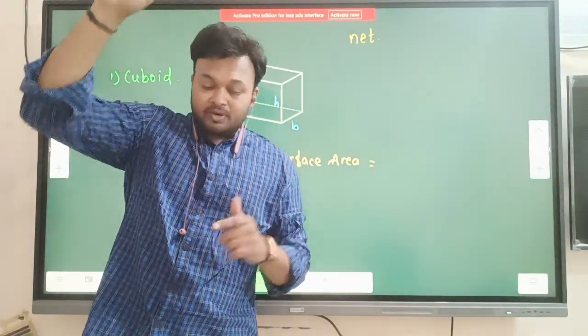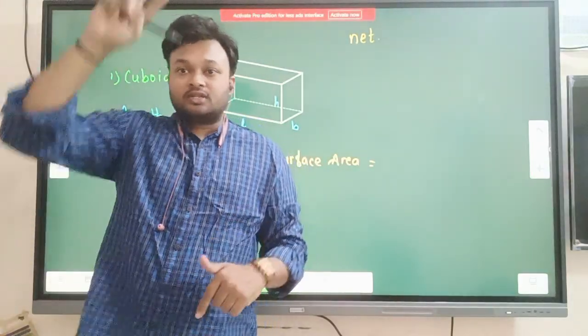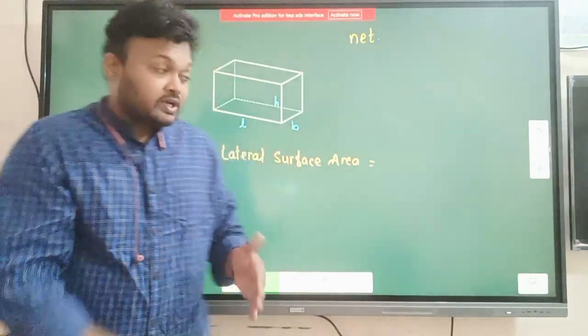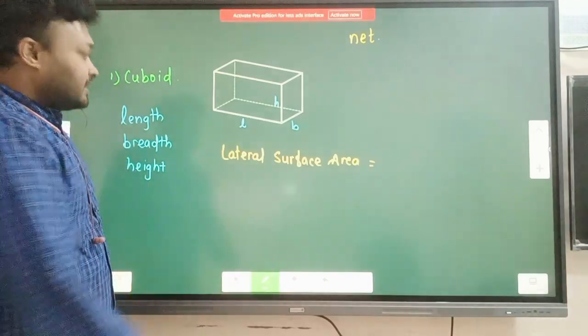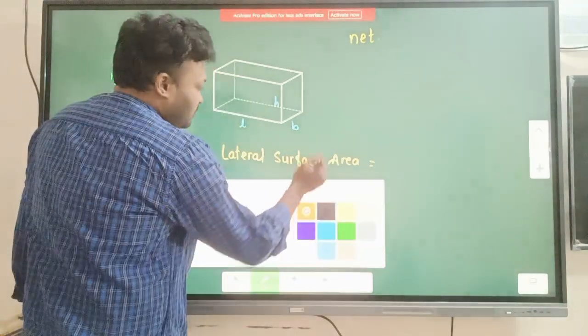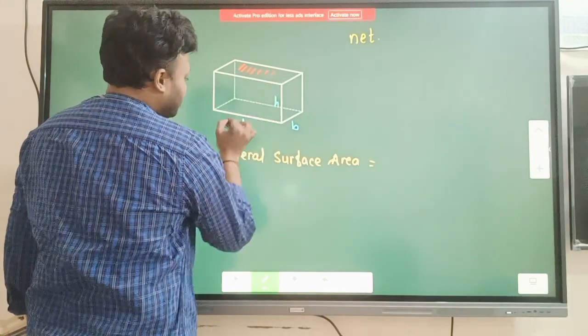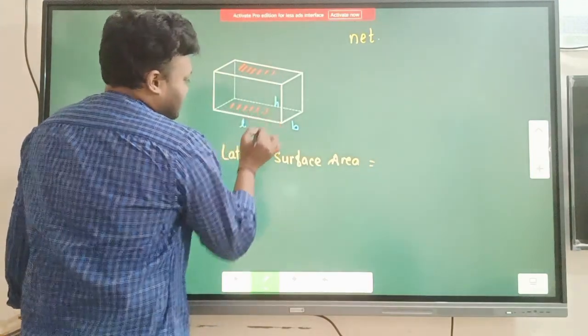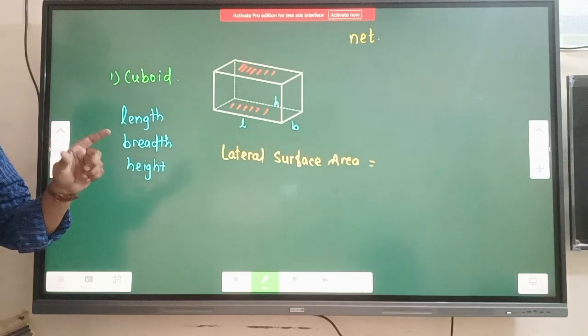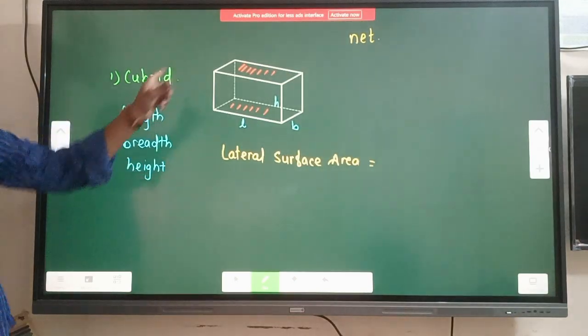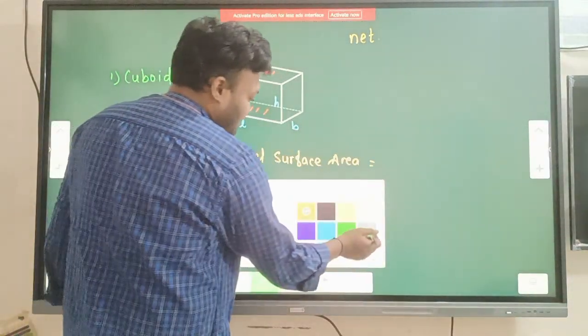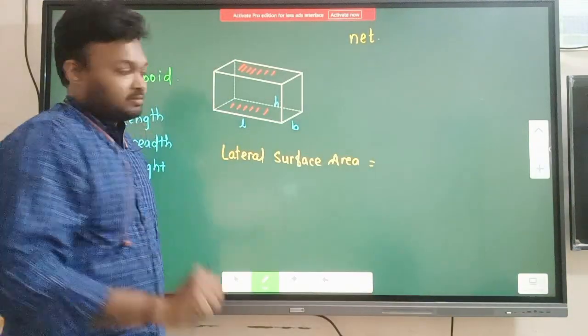The top and the bottom, which are the roof and the floor, we are not going to take in the lateral surface area. Other than these two, we take every area. So, how many faces remain? There are 4 faces remaining.